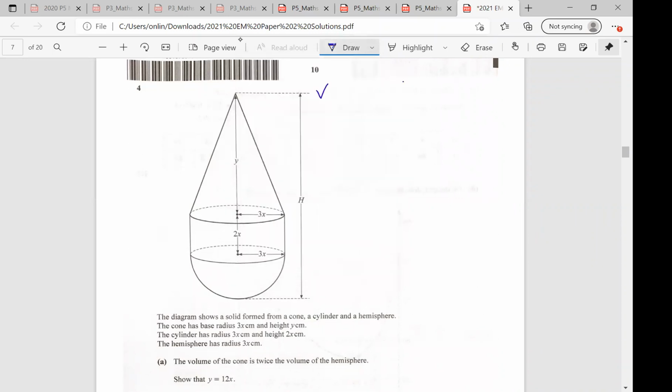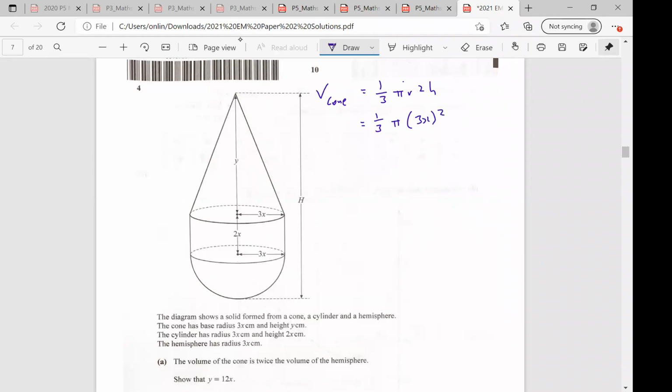So volume, I'm going to start with the volume for the cone. The formula that we have is 1/3 pi r square. So we're going to take 1/3 times pi. Then my radius here for the cone, we know that the radius is equal to 3x, correct?